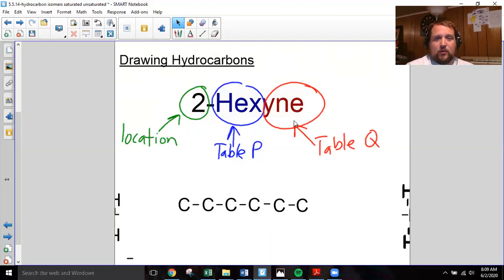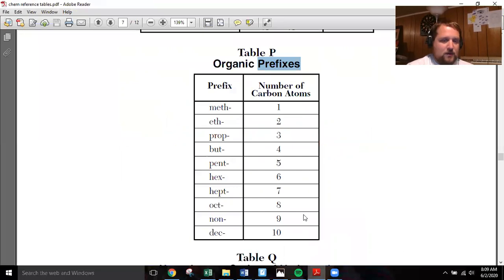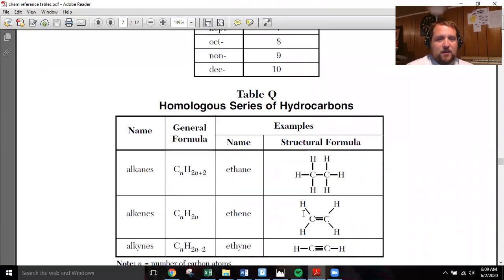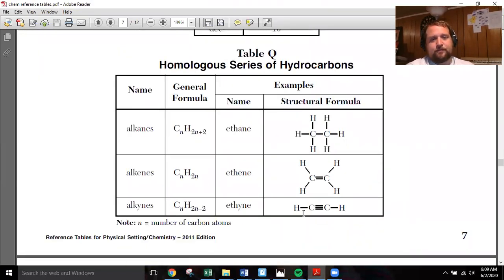Then on table Q, we can figure out what the suffix means. Table Q has a bunch of information, which you'll explore, like what this general formula means, in one of the videos. But the part we should focus on for now is just the name and the structural formula.